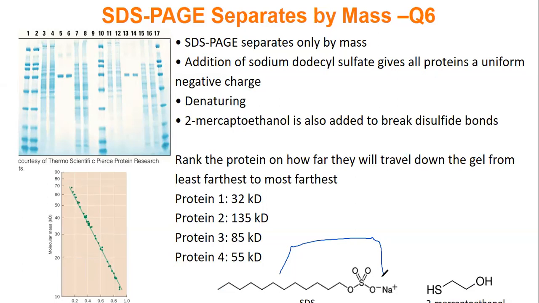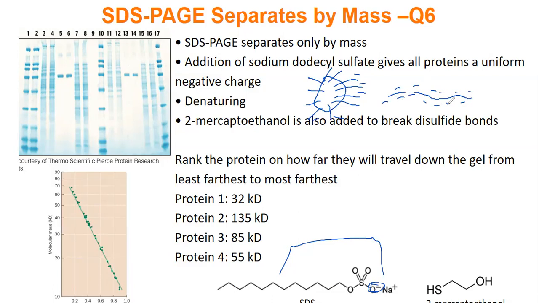The basics of this is that SDS is negatively charged. And your protein, if this is your protein, it just gets filled with this detergent molecule. And what will happen is that it will unfold and be coated with this negative charge.